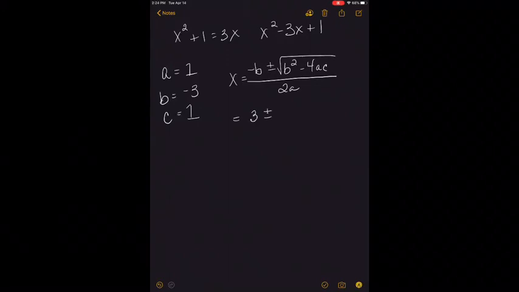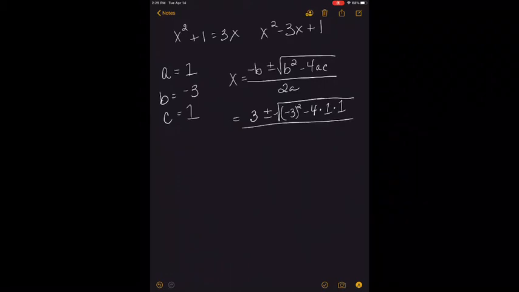Now we can plug in. So what's the opposite of negative 3? Positive 3. Plus or minus the square root of negative 3 squared minus 4 times 1 times 1, all over 2 times 1. I'm just going to put 2.